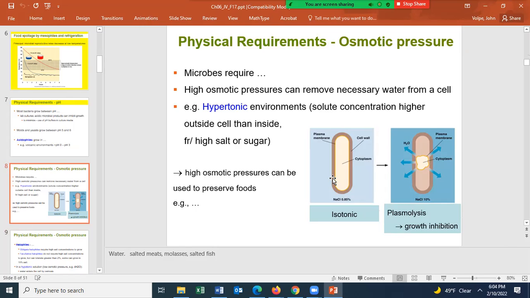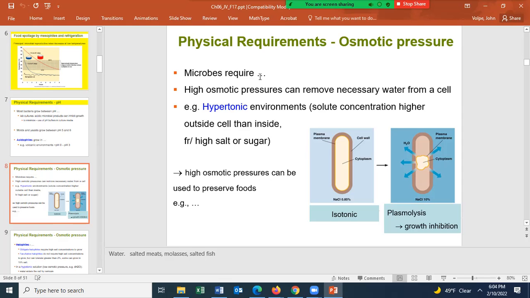There are some bacteria that grow under only high osmotic pressure. Most microbes require water in order to grow. And if you don't have enough water around and you have salt or sugars around, the bacteria cannot grow.